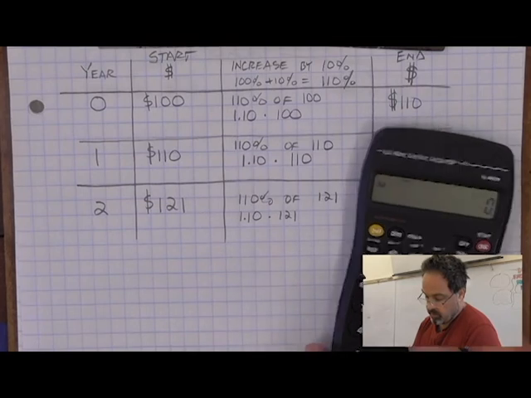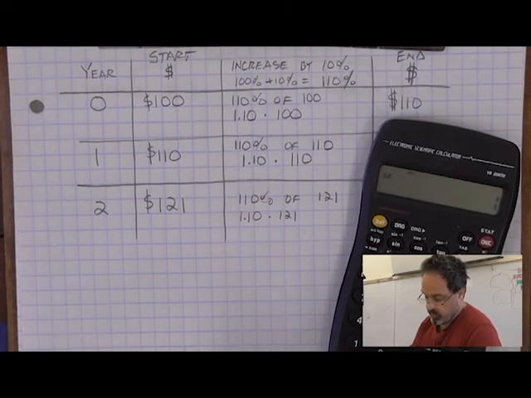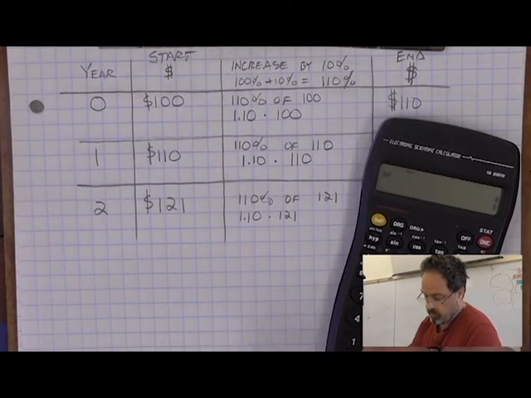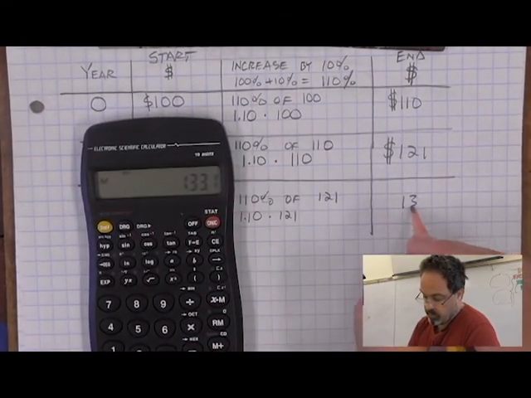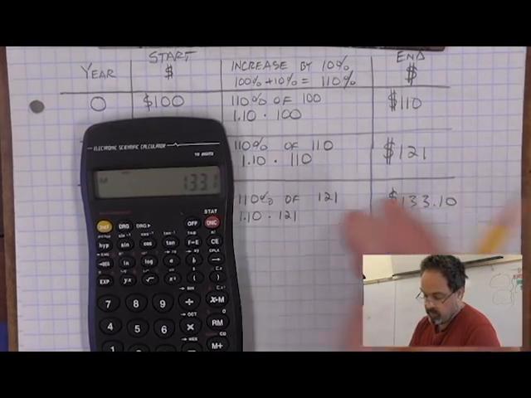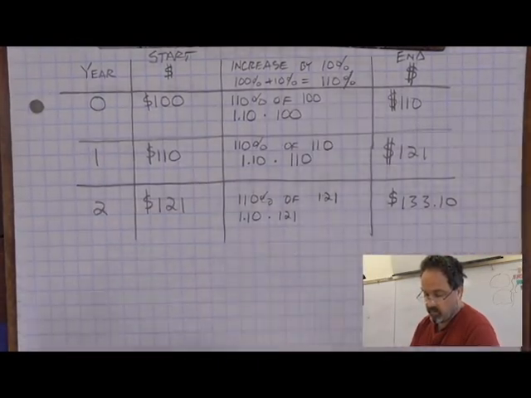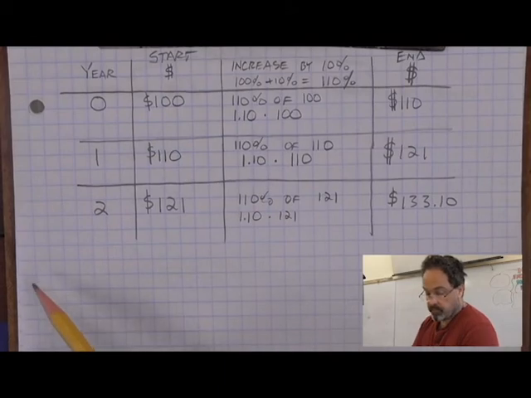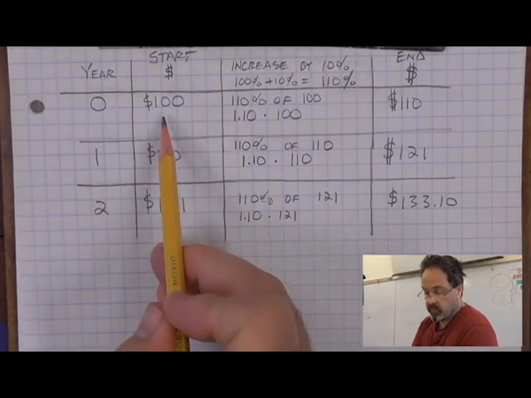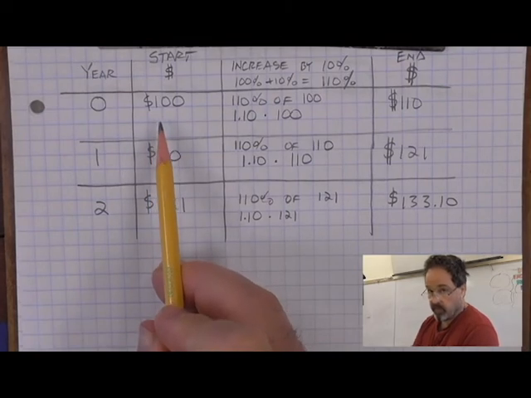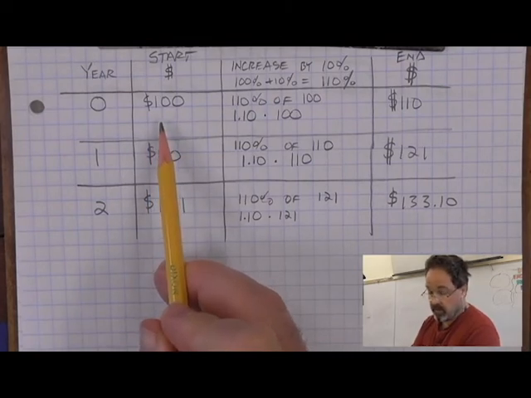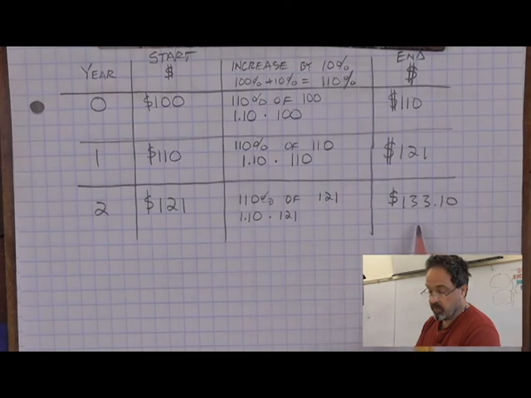And a calculator will help us out. 1.1 times 121 is equal to $133.10. So after 3 years, starting with $100, we increased it by 10%, but we did it 3 times. And at the end, we got $133.10.